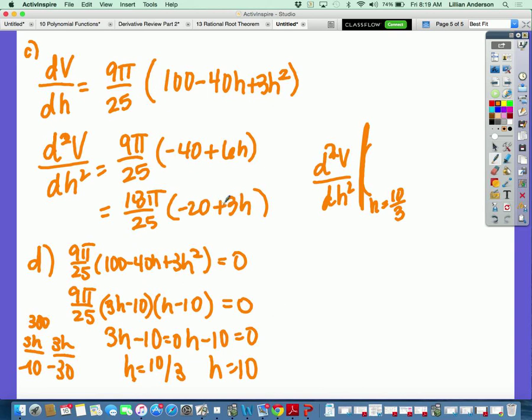Negative 20 plus 10 is negative 10. So this is going to end up being negative 180 pi over 25. Again, I plugged it into the more simplified form just to make the numbers easier for me.